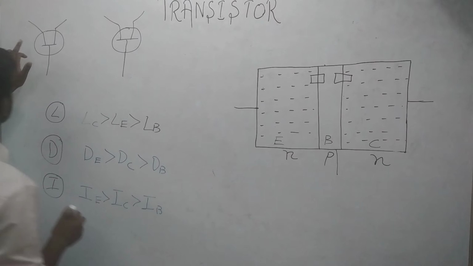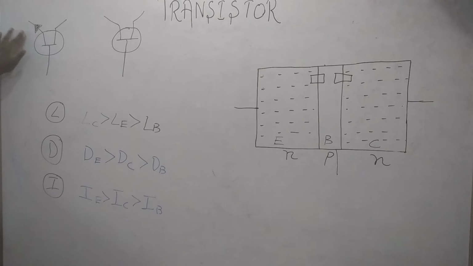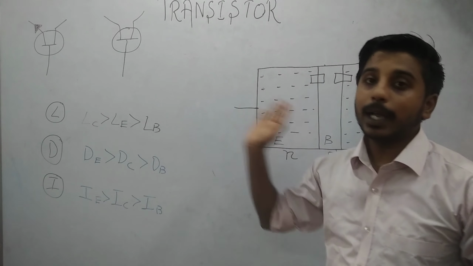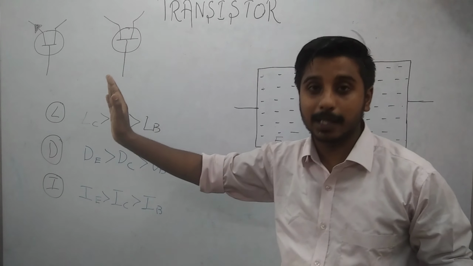In a transistor, if the direction of current is outside, the arrow is outside, and we say that the current is going outside. In Hindi we can say current निकल रहा है उस end से.